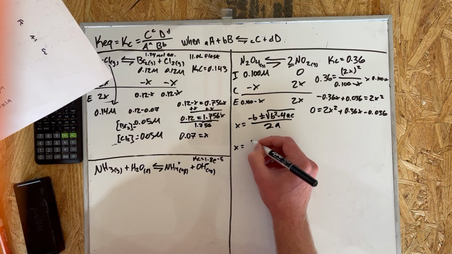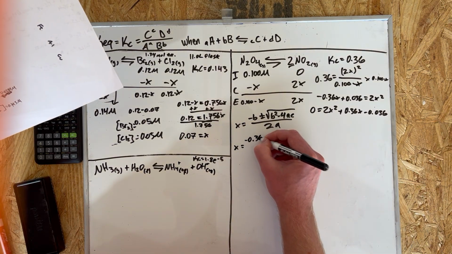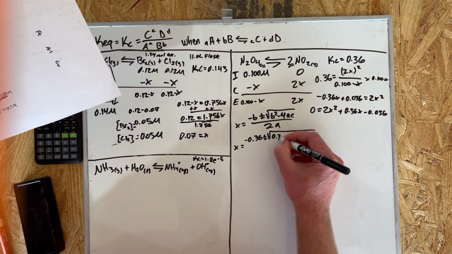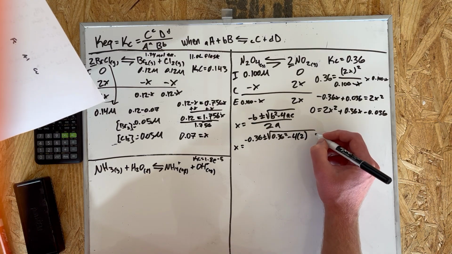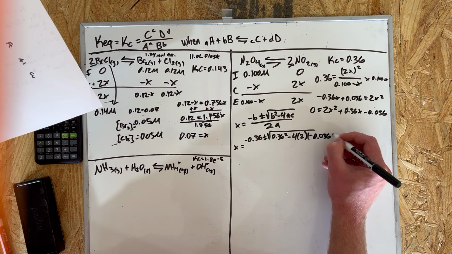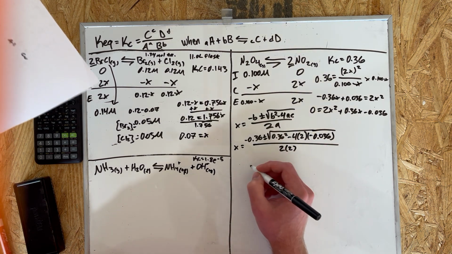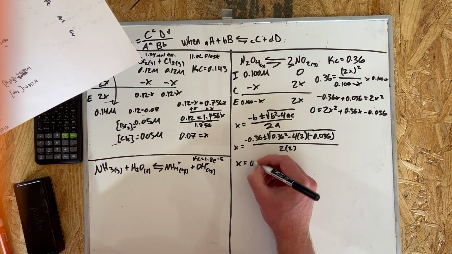So that is going to be equal to negative 0.36 plus or minus the square root of 0.36 squared. And I'm just going to write this out, and I've already done the math, and I'll save you guys all of that. But I'll just show you where these numbers plug in here.